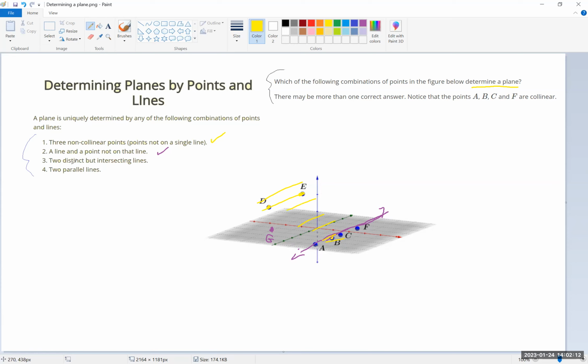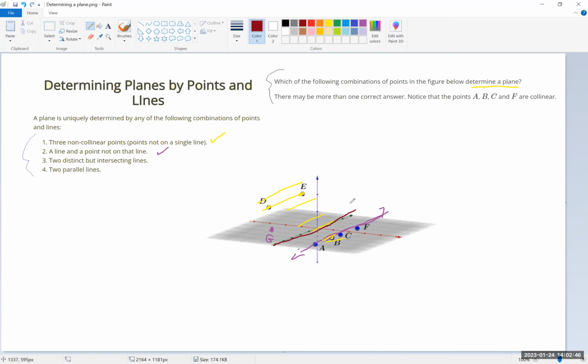Then it says number 3, two distinct but intersecting lines. So let's go ahead and use a magenta. Two distinct but intersecting lines. So trying to look at a good example here. Well, if you look at this green line here. Oops, I think I went a little crooked there. Let's redraw that one.